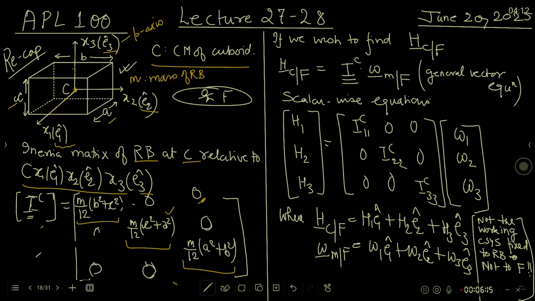So this we completed yesterday. Now I want to remind you why we are worrying about the inertia matrix after all. We have spent a lot of time on the inertia tensor and the inertia matrix.